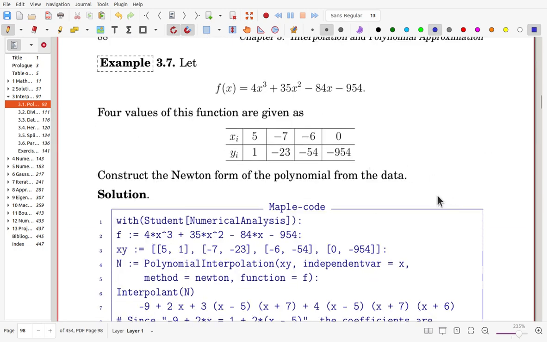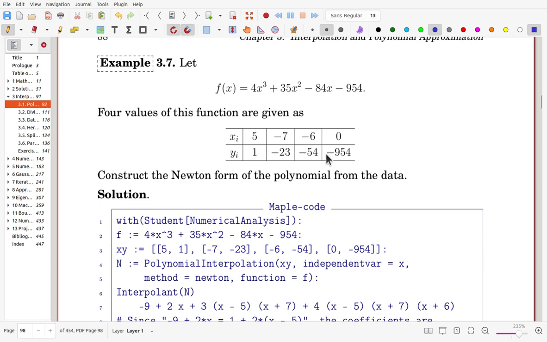Okay, let's see this example. Now, we start with a third order polynomial, and we chose here the data points 5, -7, -6, 0 for x values. The corresponding f values are given here.